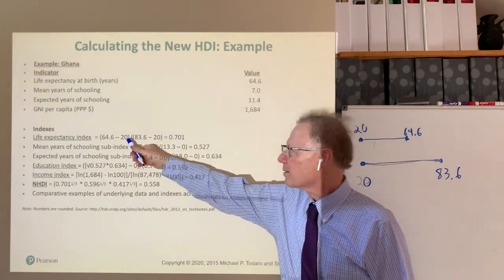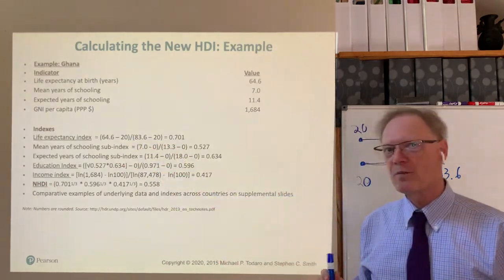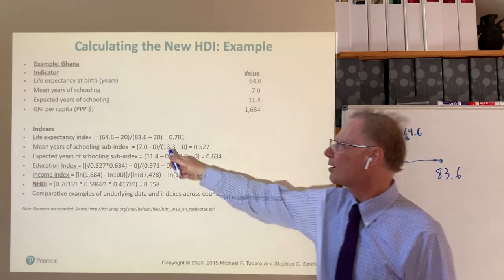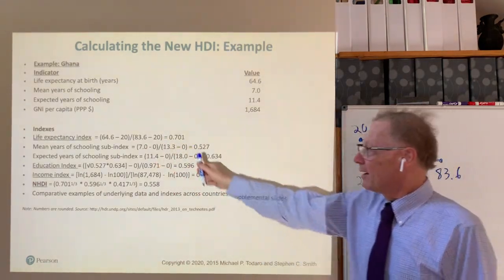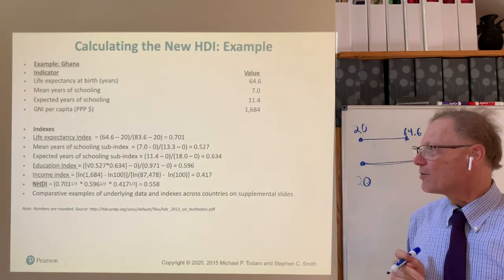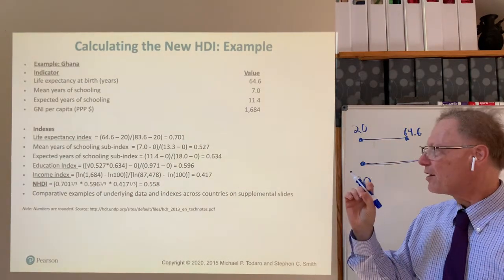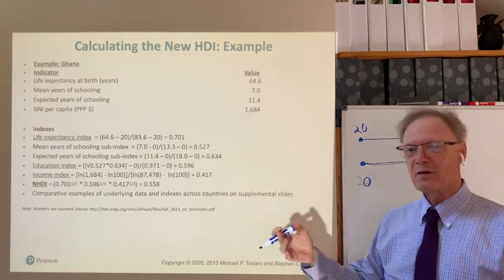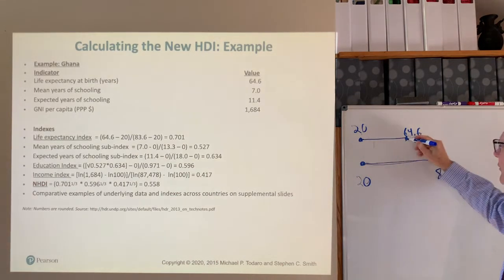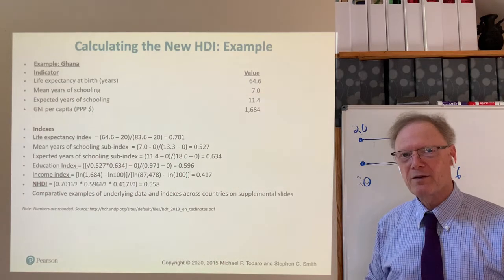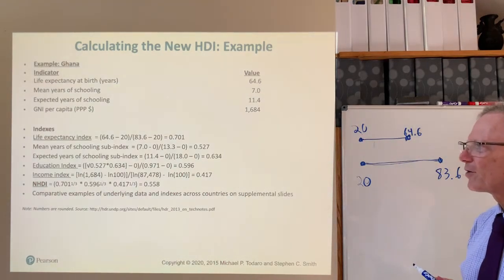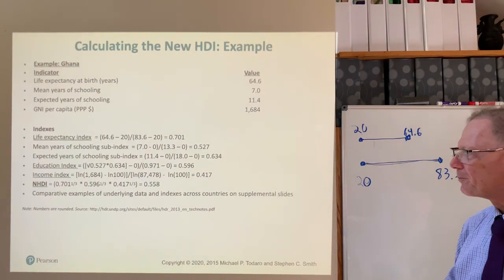That gives you your index of 0.7, about 70% of the way from the lower index to the goal. And so that's a way of seeing visually, if you want, what these ratios are doing.